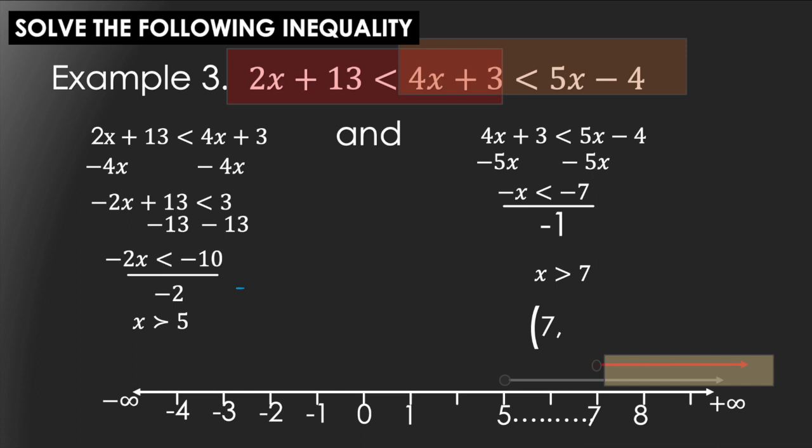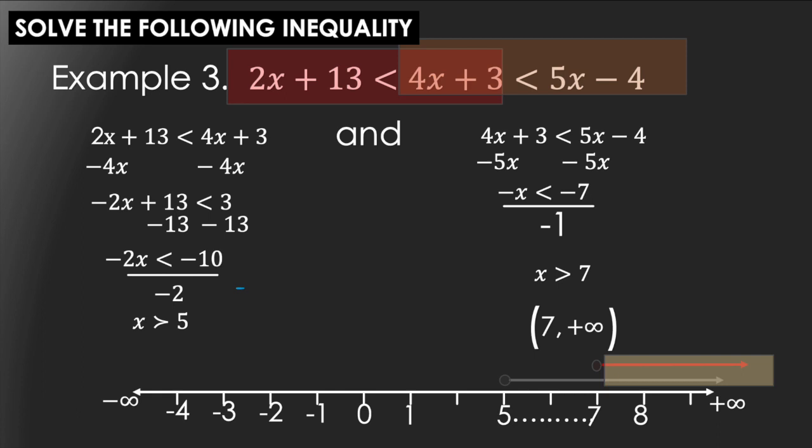And our upper limit is positive infinity. Whenever you're dealing with a positive infinity or a negative infinity, you always use a parenthesis next to it. So (7, ∞) is our solution in interval notation.